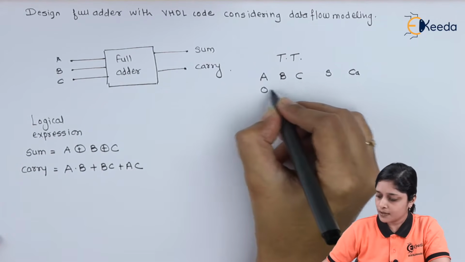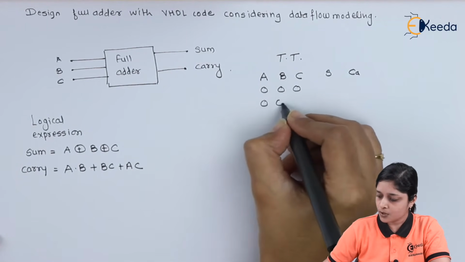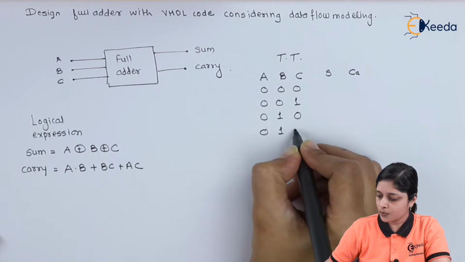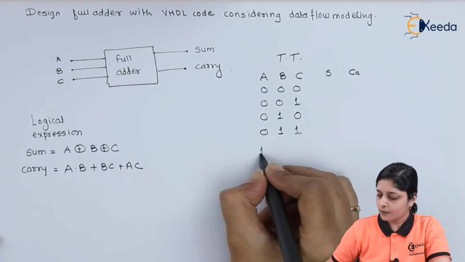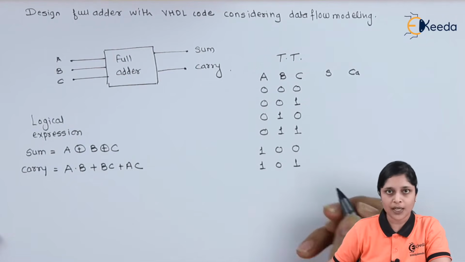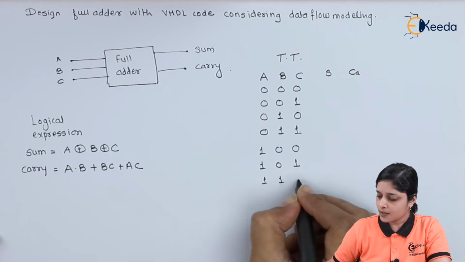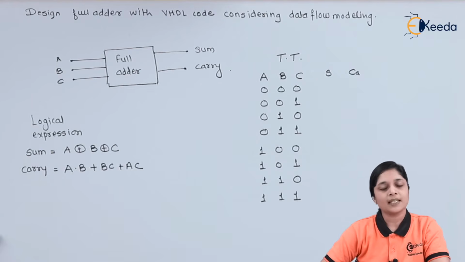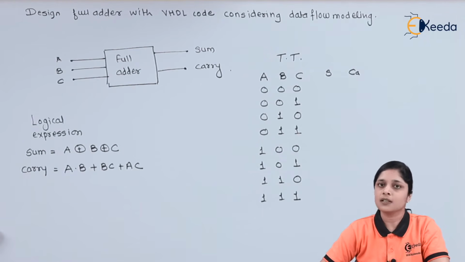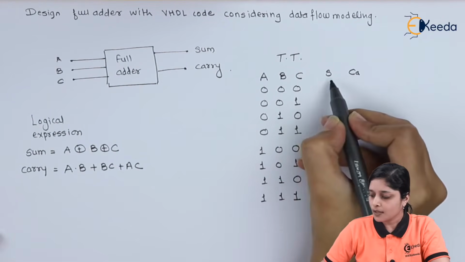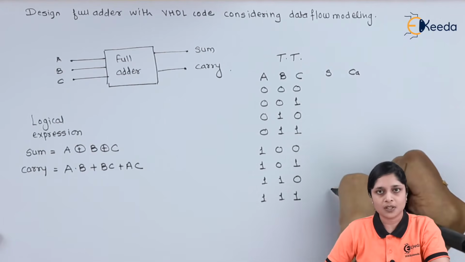So we will write here 000 for 0, 001 for 1, 010 for 2, 011 for 3, 100 for 4, 101 for 5, 110 for 6 and 111 for 7. In this way we can write all the important information. This is the possible combinations for the input. Now you have to conclude the column for sum and carry.